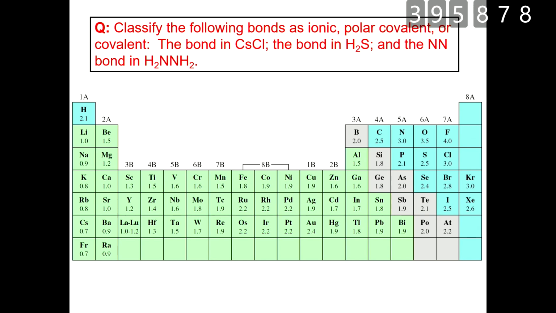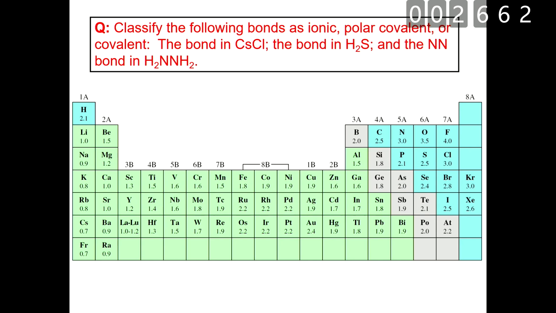Okay, the third one, the nitrogen bond in this compound. That's covalent. What's the difference? 0. Yes, covalent bond. If we want, for example, nitrogen and hydrogen, the type is polar covalent.